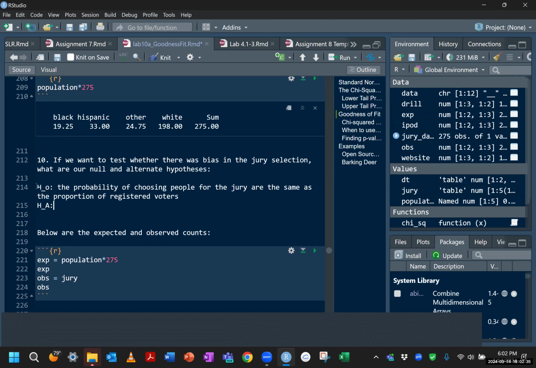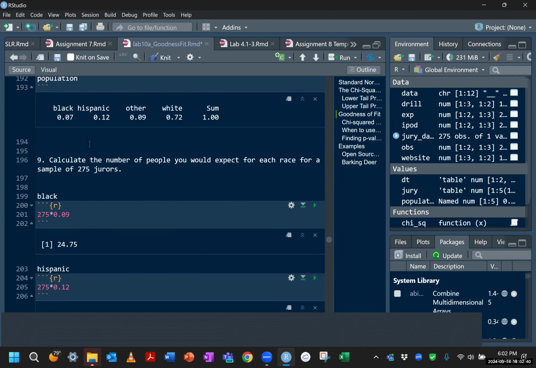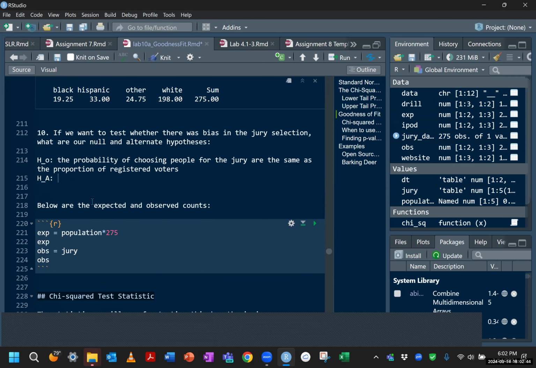So we would expect these counts to line up with the actual counts, right? That's our null hypothesis. The alternative says, no, at least one category has differing probabilities.